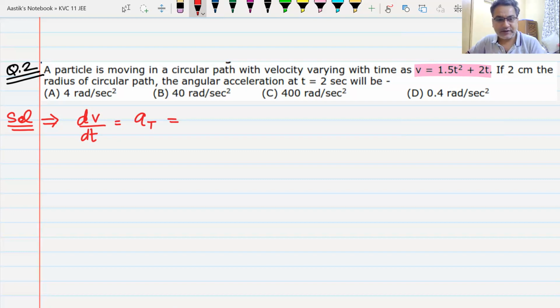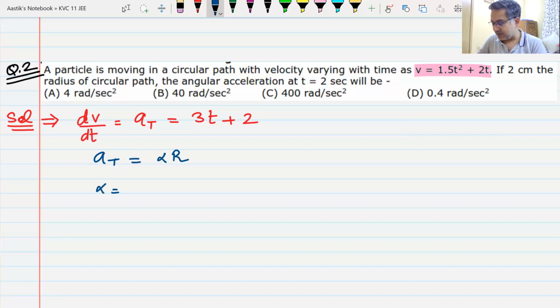So we find the derivative of this speed. We get tangential acceleration as 3t plus 2. From tangential acceleration, which is alpha multiplied by r, I can find out the angular acceleration. So it will be 3t plus 2 divided by r.